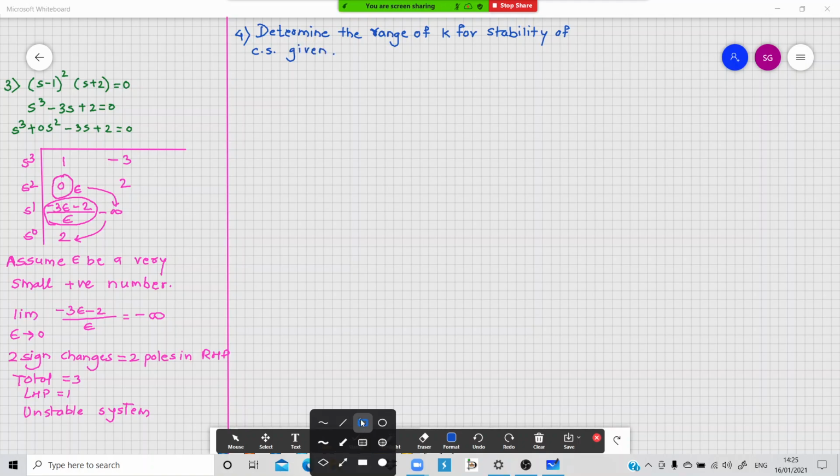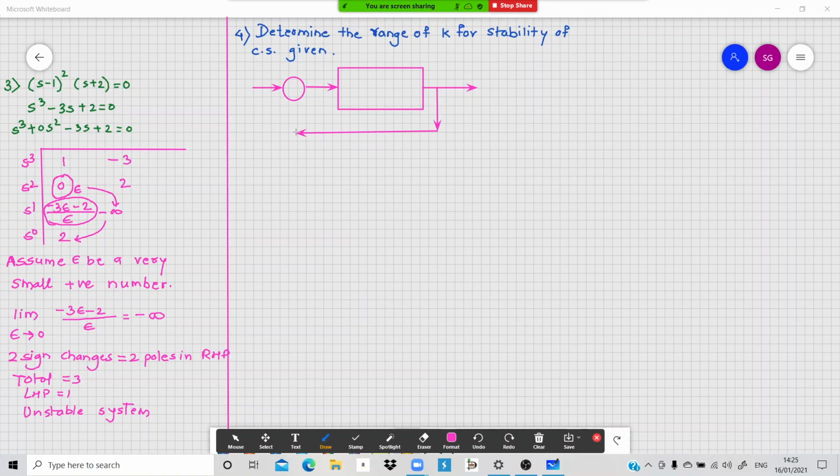Okay, so we'll draw the diagram first. K upon S square plus S plus 1, S plus 1. Right, so this is the system.